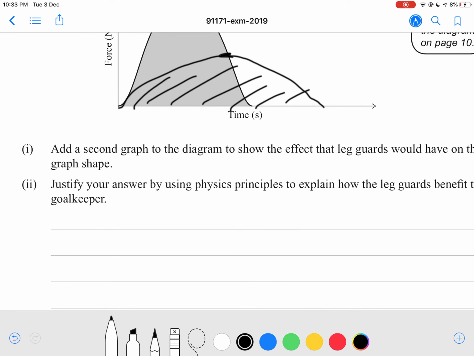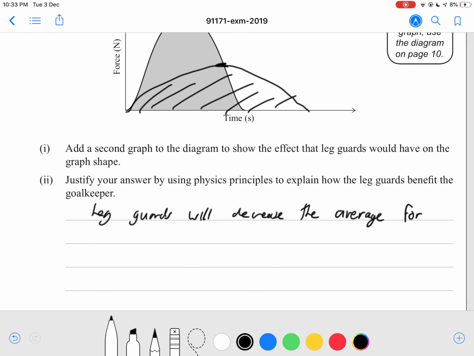We can start off by saying leg guards will decrease the average force experienced by the player.